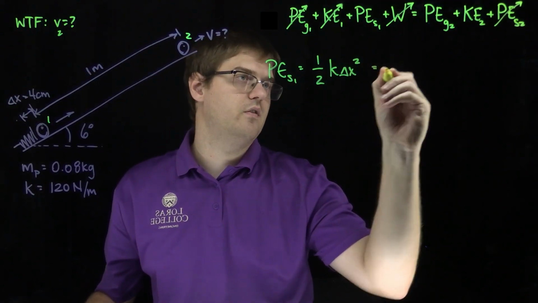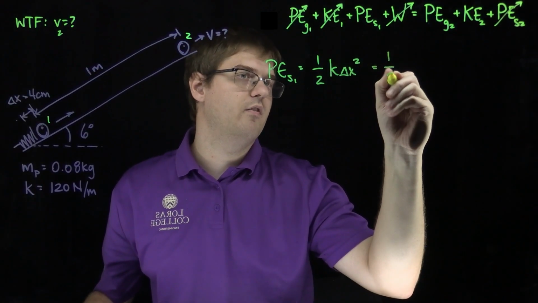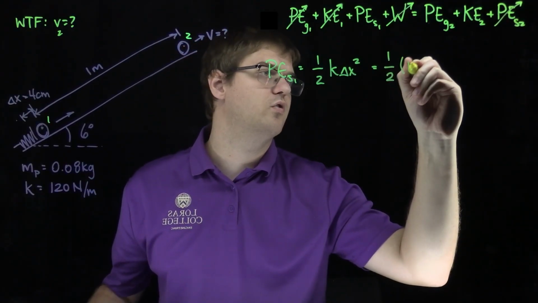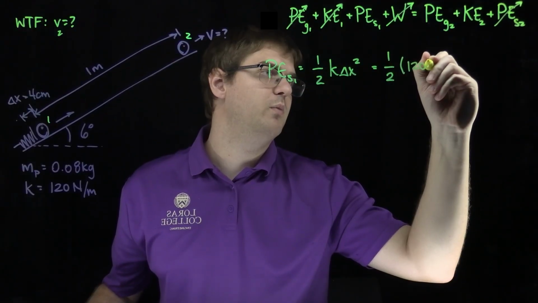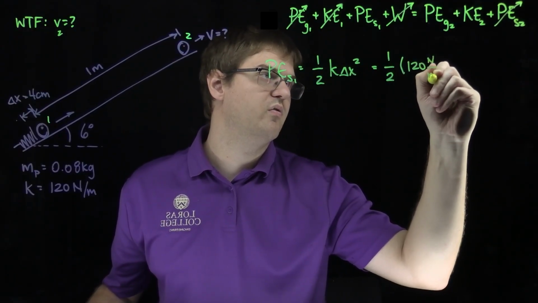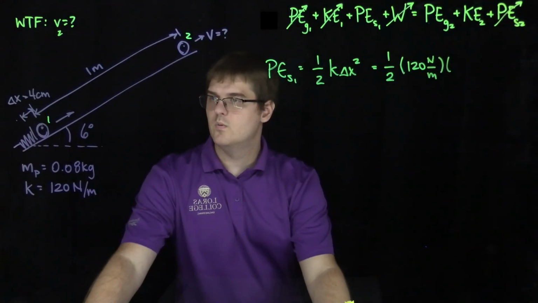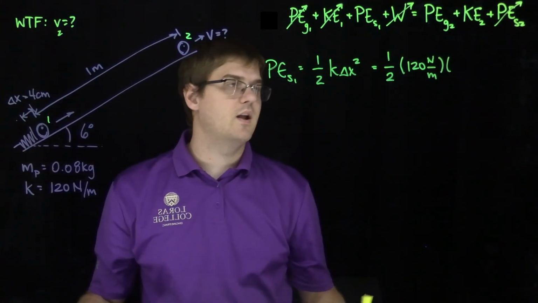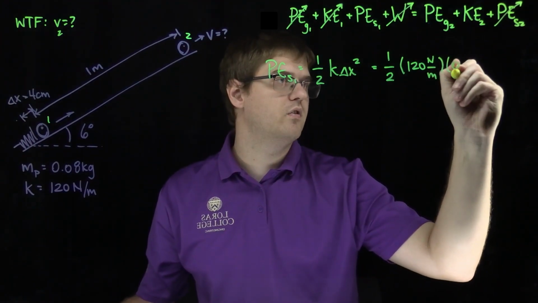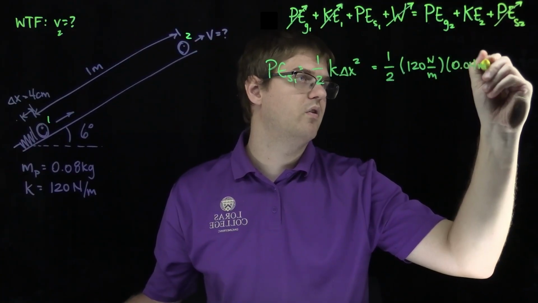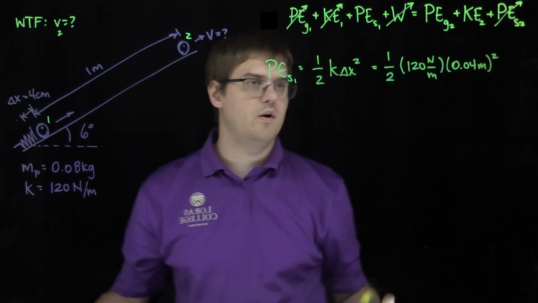So in this case, we've got 1/2 times our k, which is 120 newtons per meter, times our delta x, which is 4 centimeters. We're going to have that in meters, 0.04 meters squared.